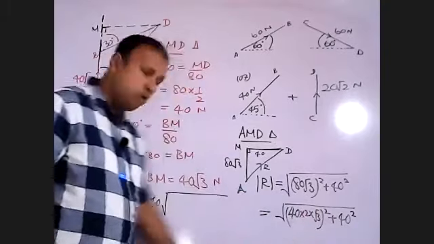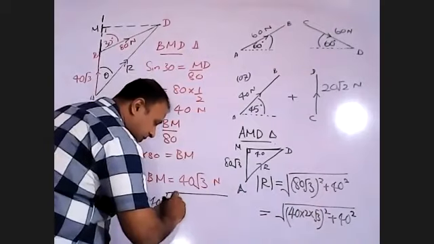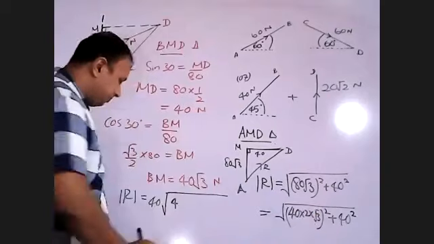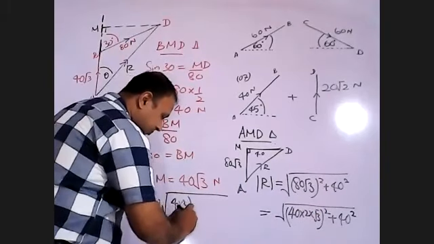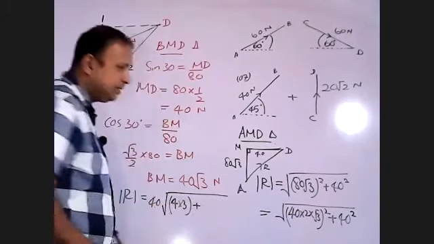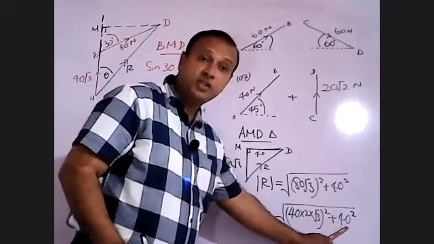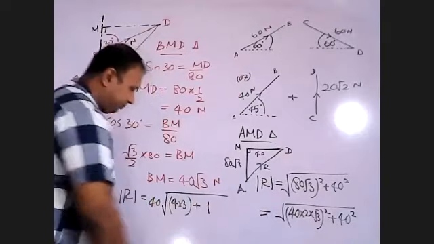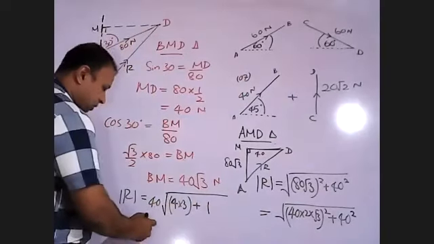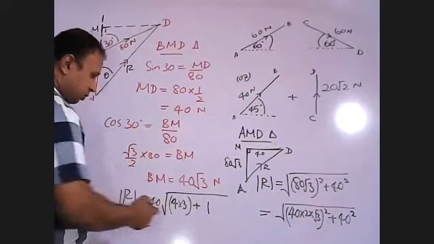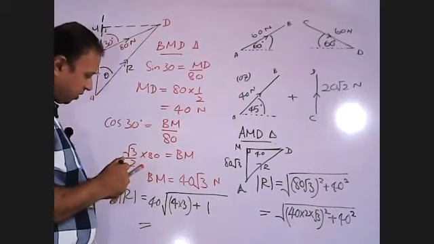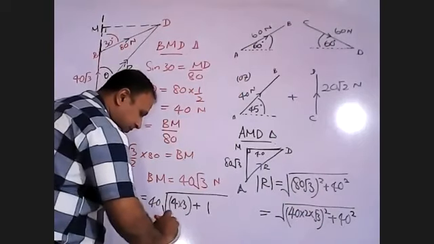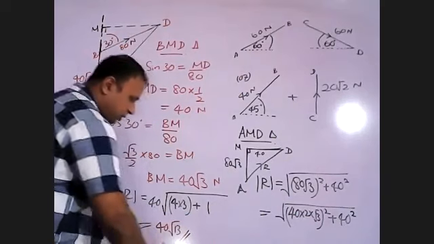The square of 2 means 4, and the square of root 3 means 3, so that is 12. Plus, if you take 40 squared out, it becomes 1. So 12 plus 1 means 13. So my answer is 40 root 13 Newton.